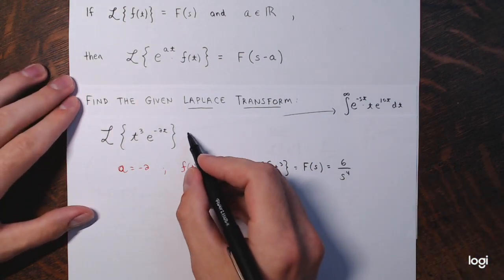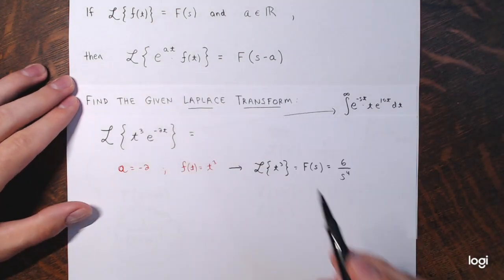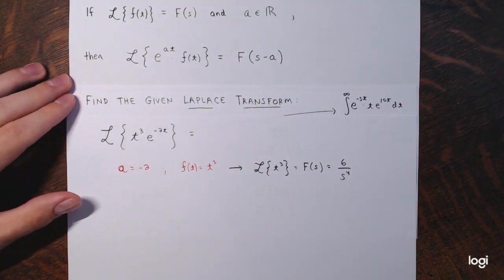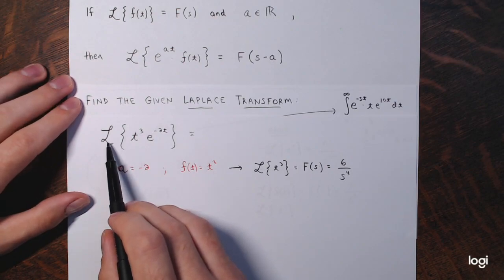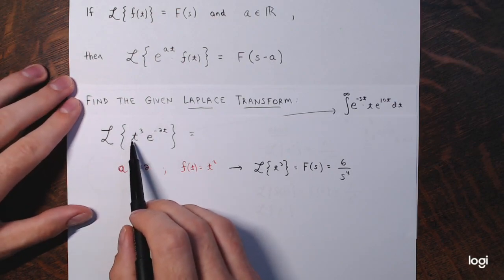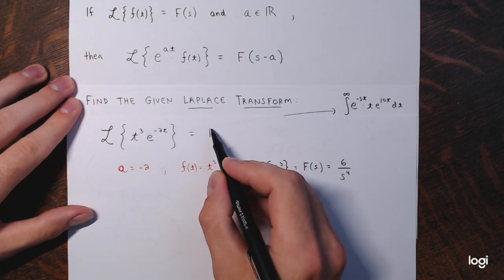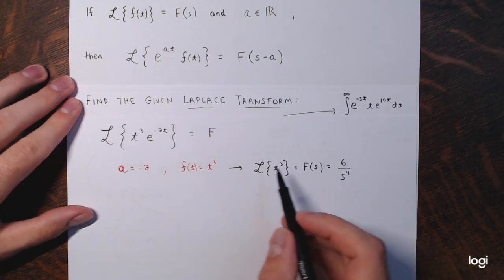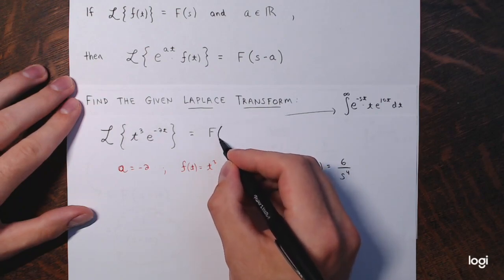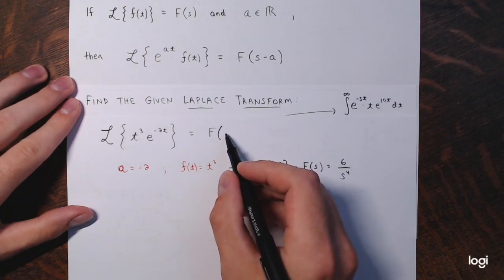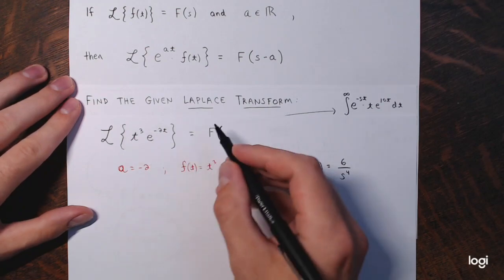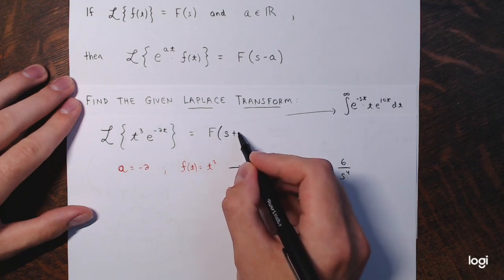And then according to my theorem, this first translation theorem, the Laplace transform of t cubed times e to the negative 2t is going to be capital F, the Laplace transform of t cubed, but instead of s, we have this evaluated at s minus negative 2. Well, that would be s plus 2.